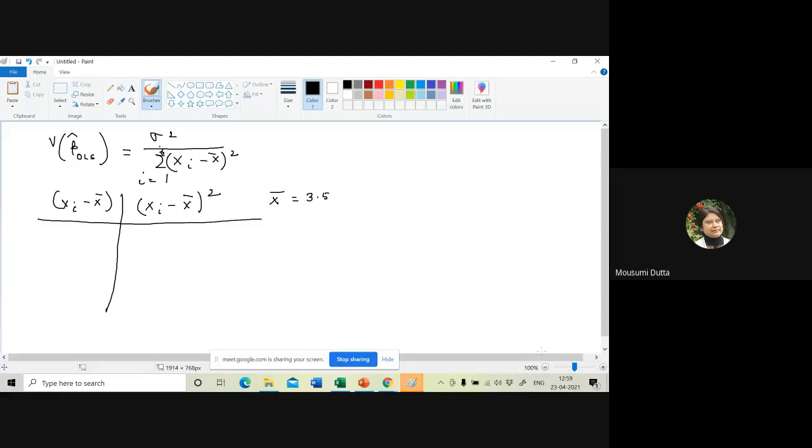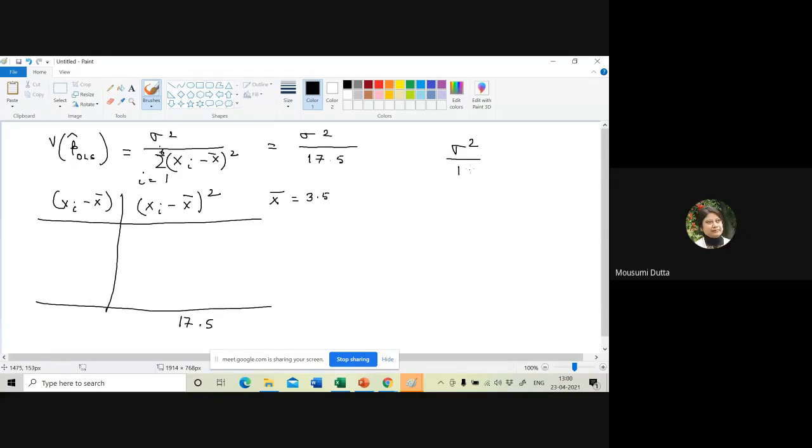So if the total is 17.5, then tell me what will be the variance of beta hat? Sigma squared by 17.5. What was the earlier value? Sigma squared by 16.